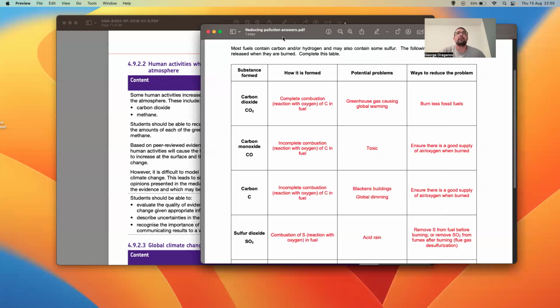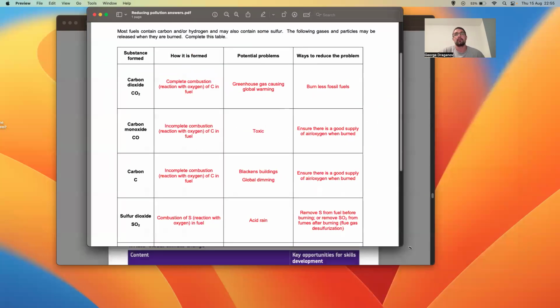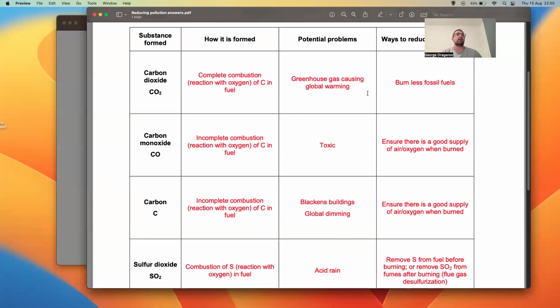If we look at this sheet here, which I will attach, we can look at all the pollutants and ways to reduce them and their problems. So if we start with CO2, CO2 comes from complete combustion of a fuel that contains carbon, usually a hydrocarbon, but does not have to be, as long as it has carbon.